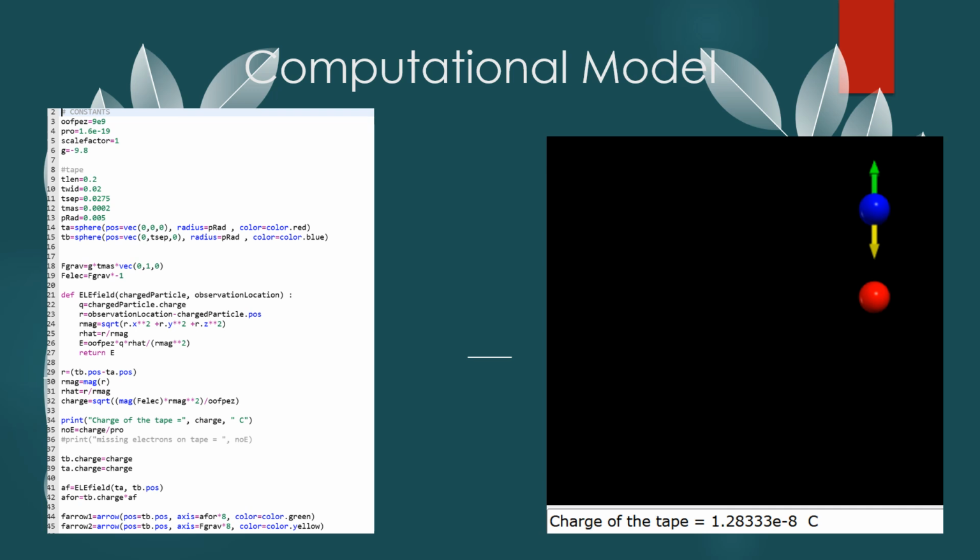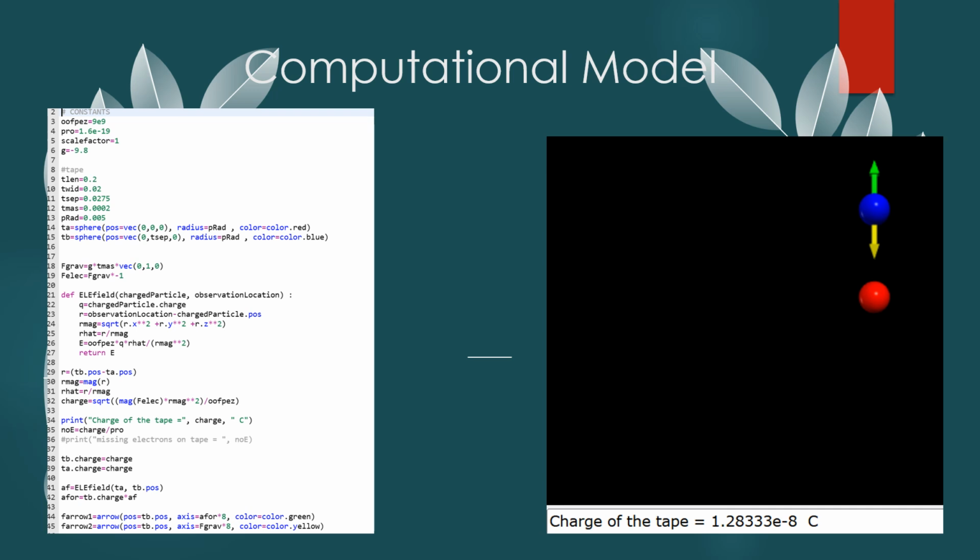Here is the code for the computational model. As you can see, we have our initial conditions, we have the constants, and let me just read it out a little bit. So 9 times 10 to the 9th, which is the Coulomb constant, with a scale factor, and then negative 9.8 for the gravity.